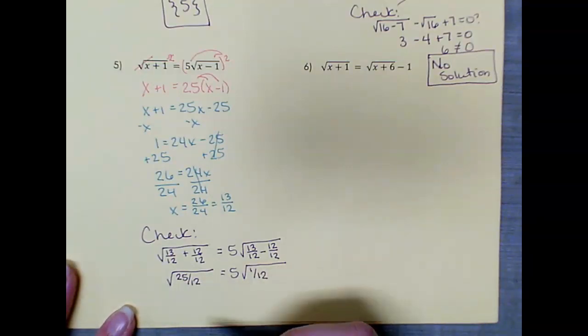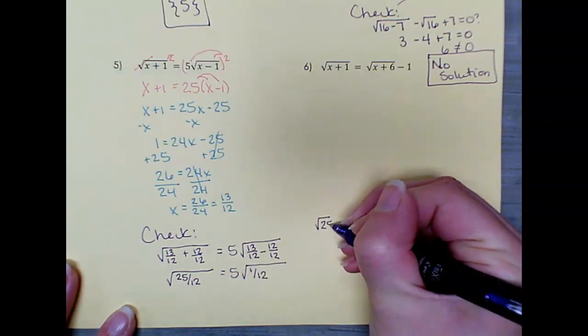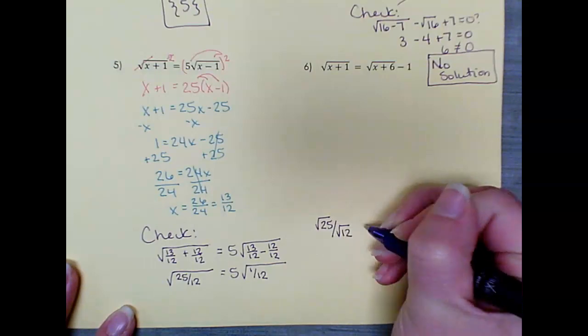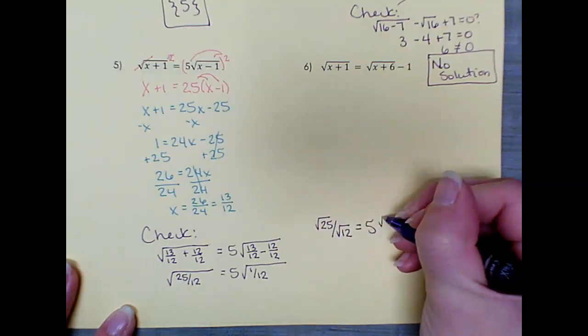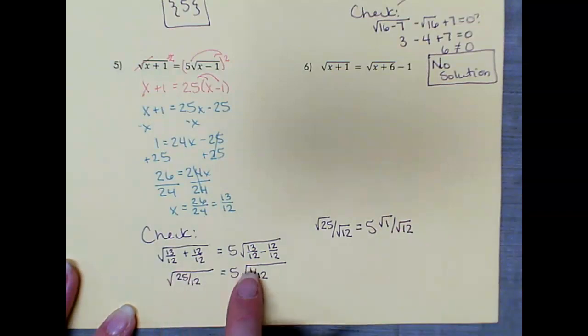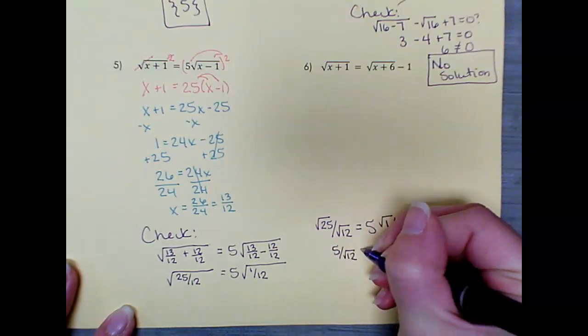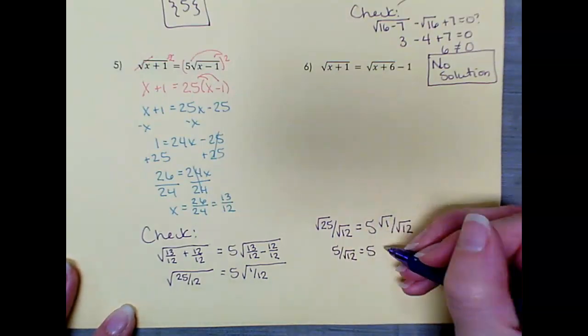Well, the square root of 25 over the square root of 12 is equal to 5 times the square root of 1 over the square root of 12. See how I gave the numerator and denominator the square root? So the square root of 25 is 5. And the square root of 1 is 1.